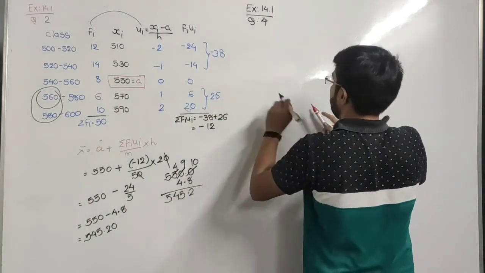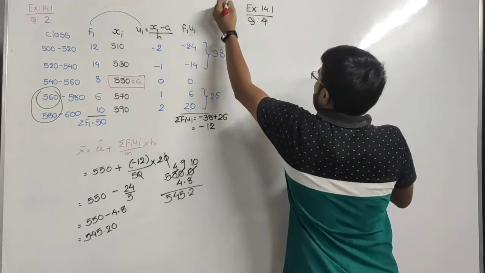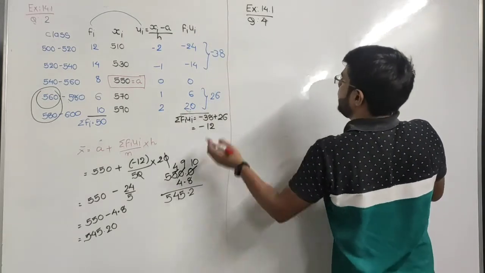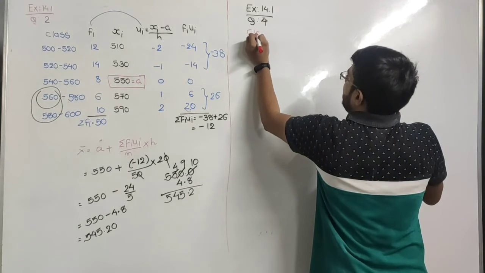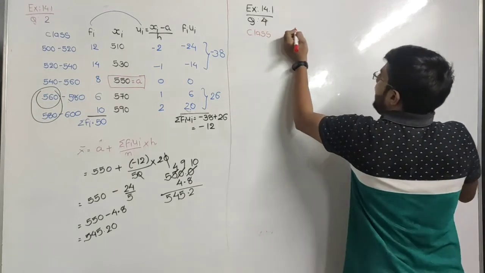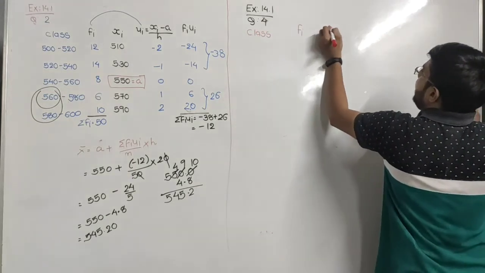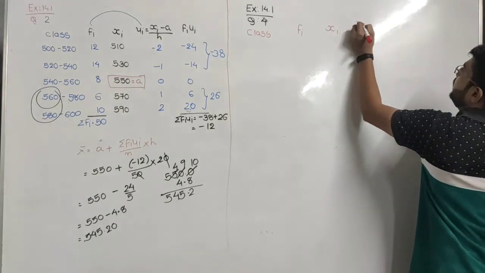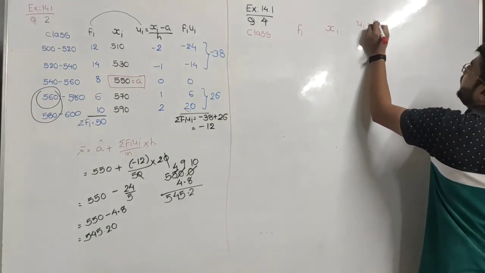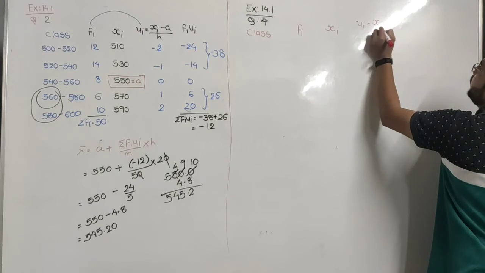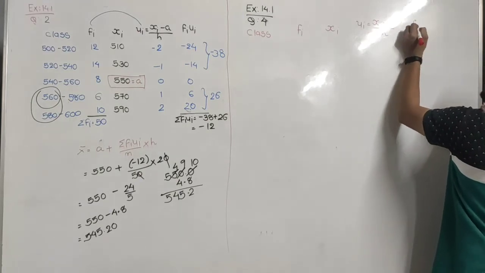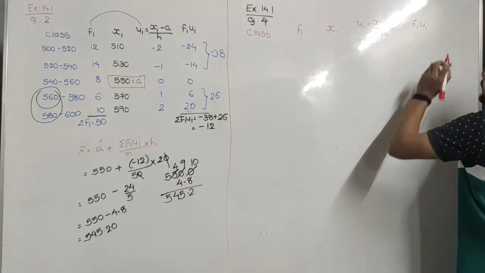So the columns will be class, Fi, xi, ui, that is xi minus a upon h, and Fi ui.